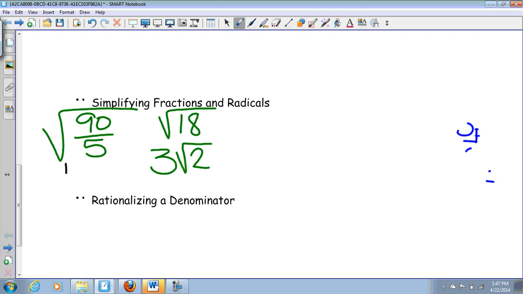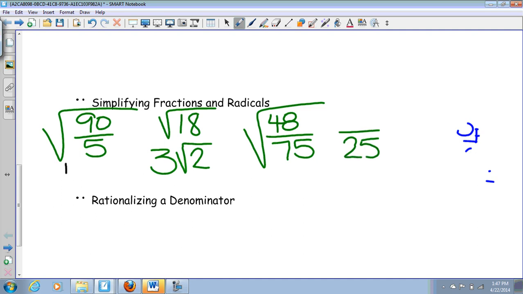Let's try part B. The square root of 48 over 75. Is there a common factor between 48 and 75? Well, 3. Let's try 3. We get 25. 3 goes into 48 sixteen times.